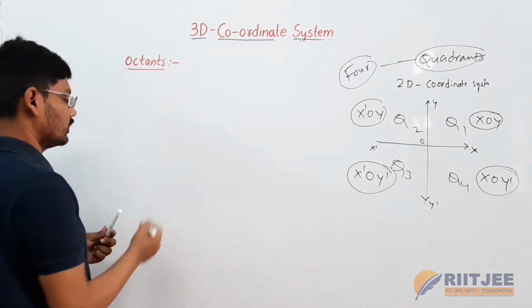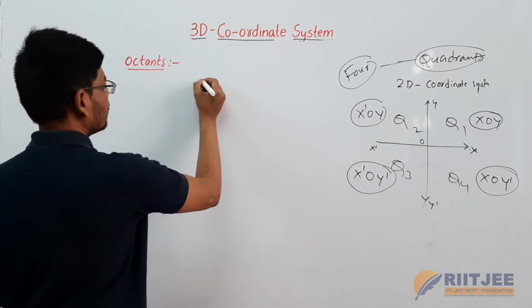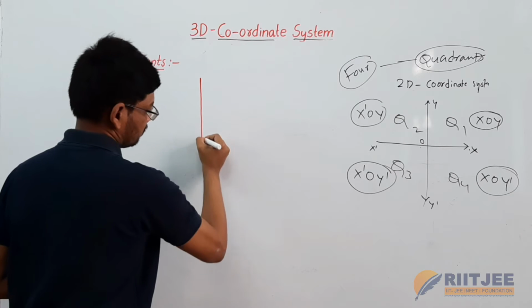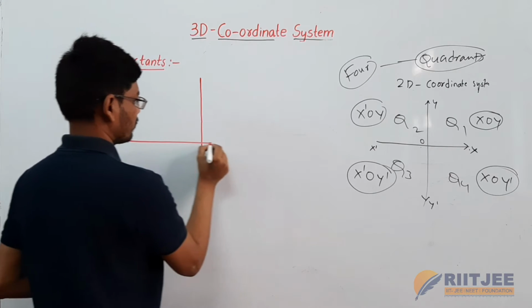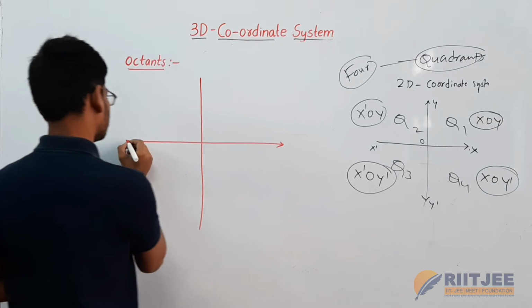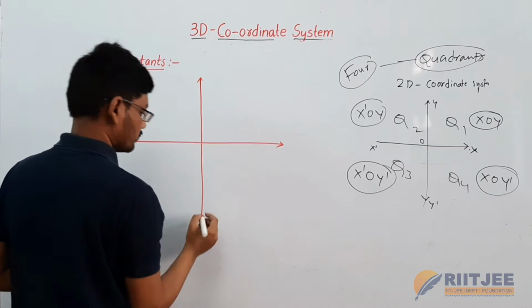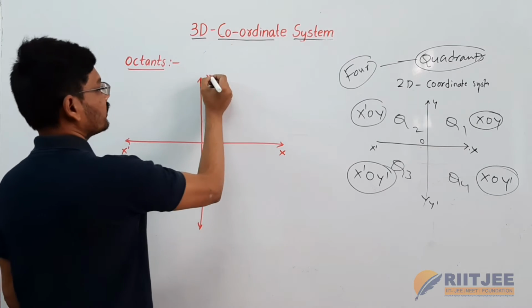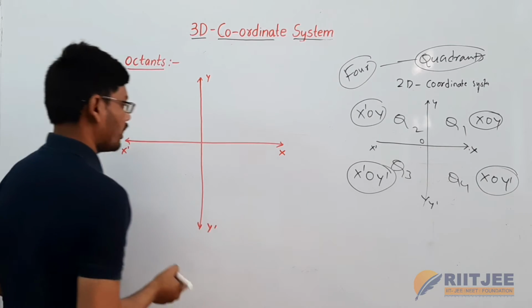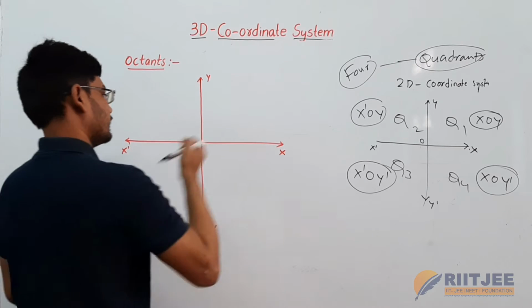When it comes to the 3D coordinate system, x, x dash, now this is y, y dash. Now I am taking the z axis.